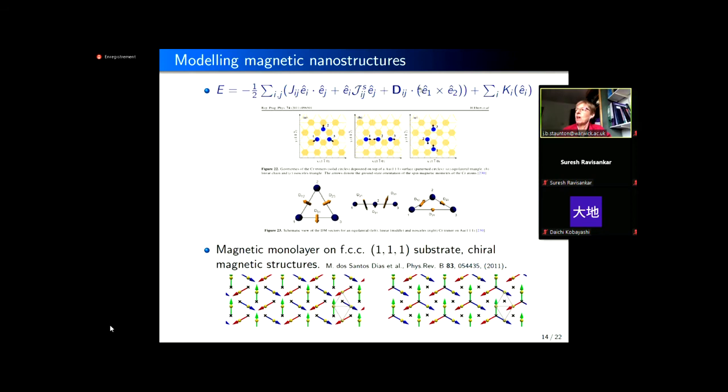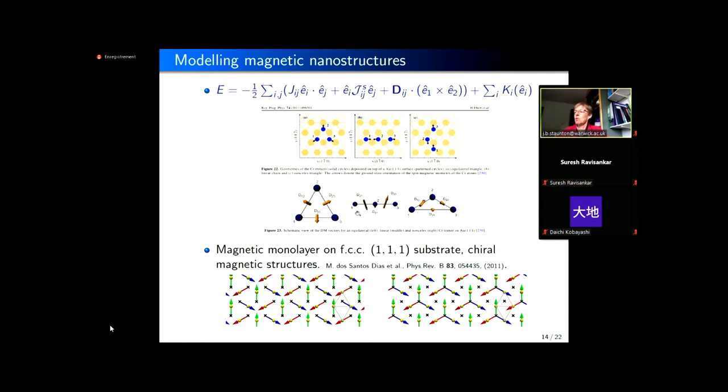And then the Dzyaloshinskii-Moriya type interaction, which is unidirectional, and then some single-site anisotropy term as well. One can then characterize these sorts of clusters, shown here for just three, and extract out these Dzyaloshinskii-Moriya type interactions and so forth.